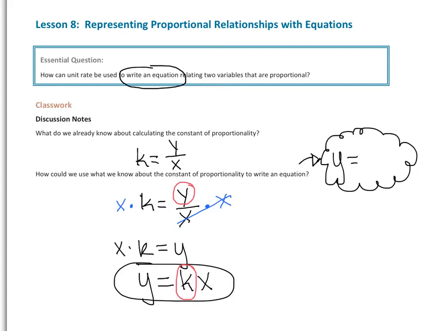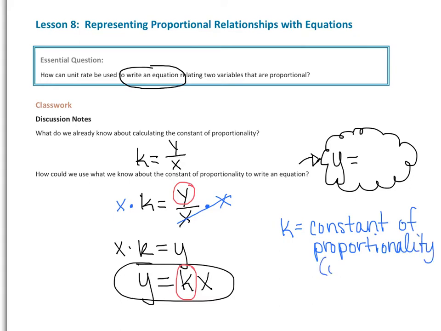Now what I want you to remember about these different parts of this equation is, let's go through and define them real quick. We'll start with k. K is your constant of proportionality. That's what you find y divided by x for.